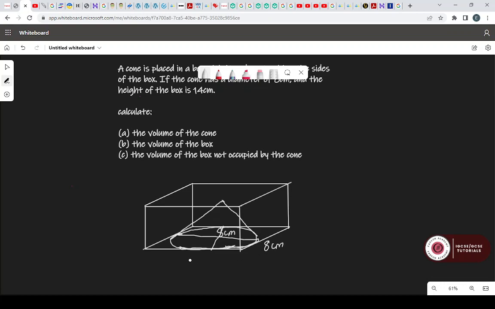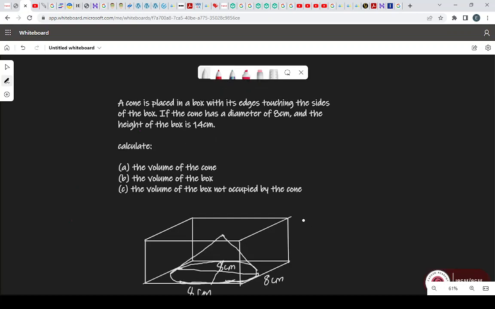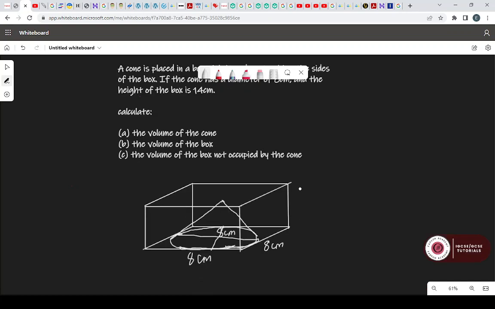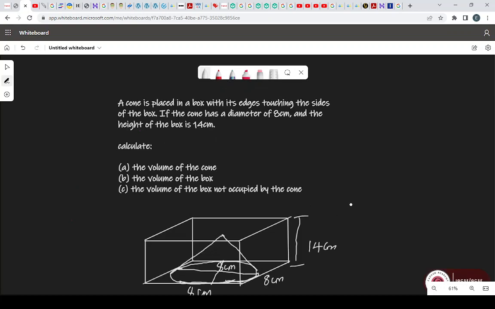So here is 8 cm and here too is 8 cm. Another important information here is the height of the box, from here to here, which is 14 cm.